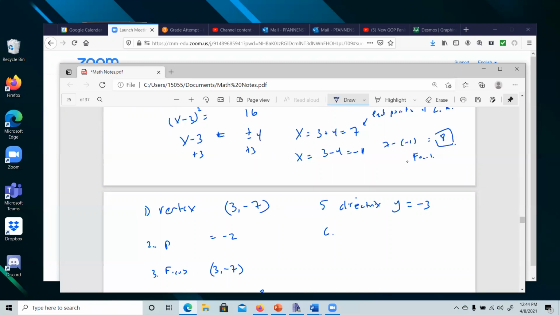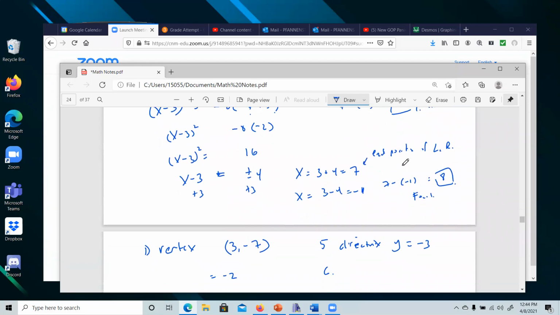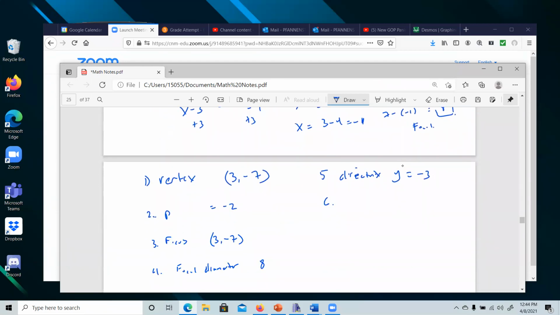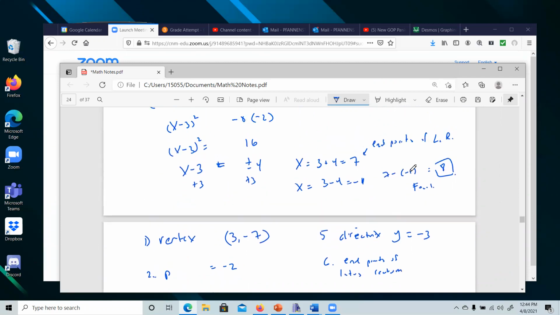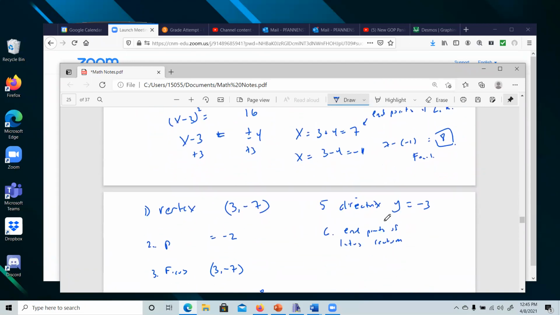6 was the endpoints of the latus rectum, which are the endpoints of your focal diameter. So endpoints of latus rectum, and that is going to be, actually we did these, that was going to be 7 and -1.